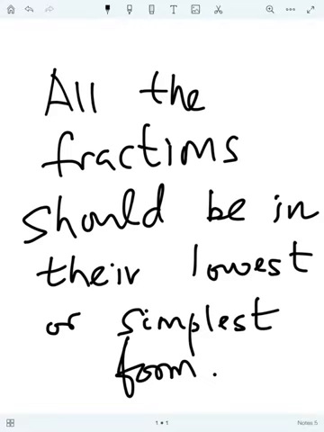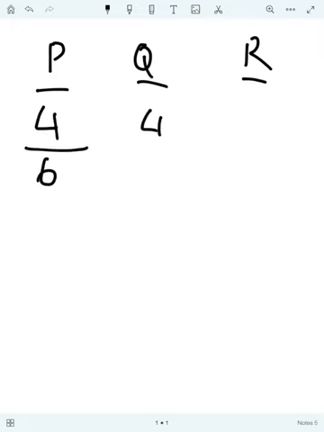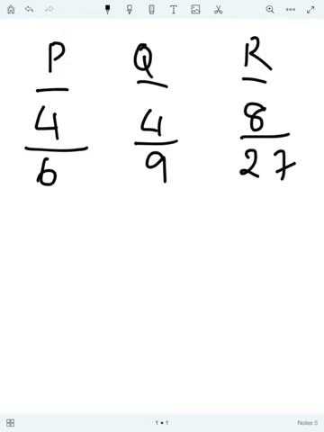So now I will take an example to clarify how to apply this formula. Suppose these three fractions are given to you, P, Q and R. P is 4 by 6, Q is 4 by 9, and R is 8 by 27.